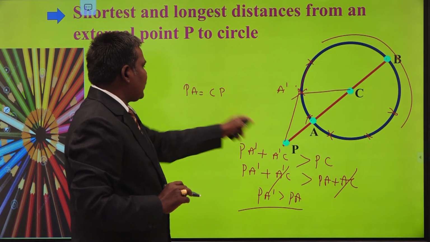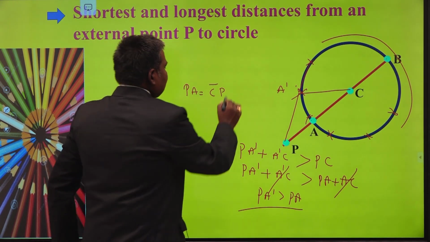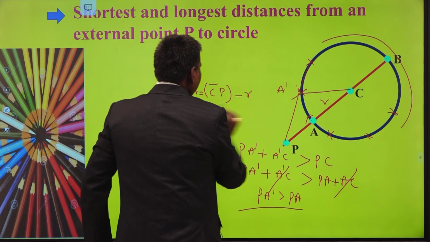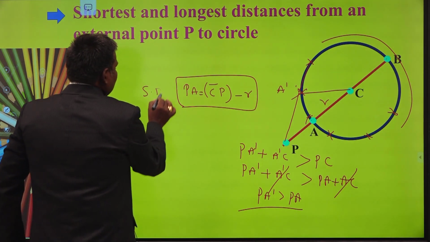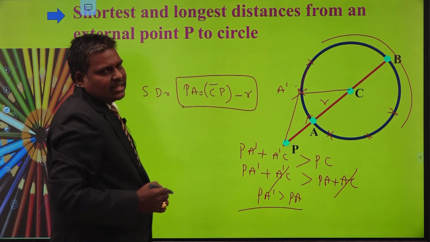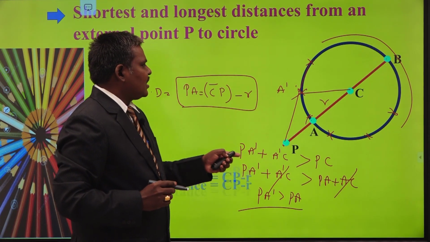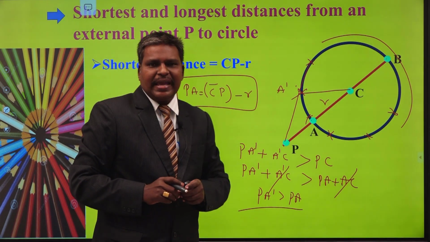So P is the given point, you can easily find the distance from C to P, that is CP minus radius R. So the shortest distance is CP minus R.